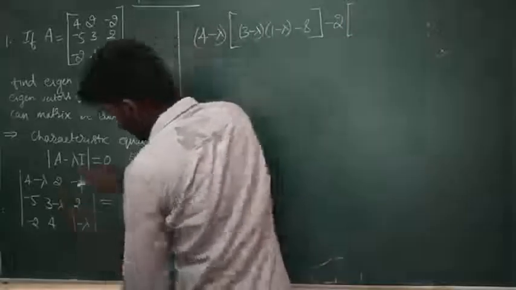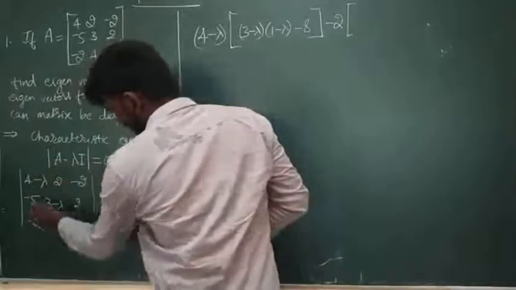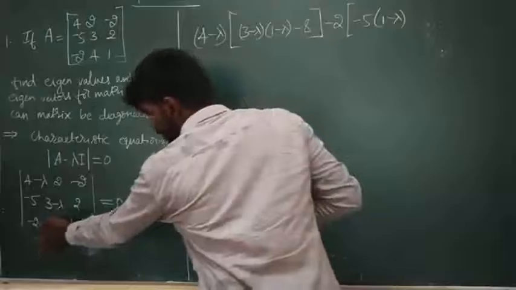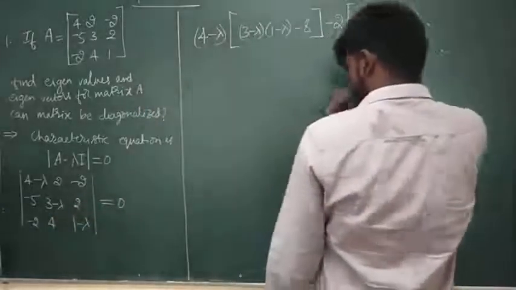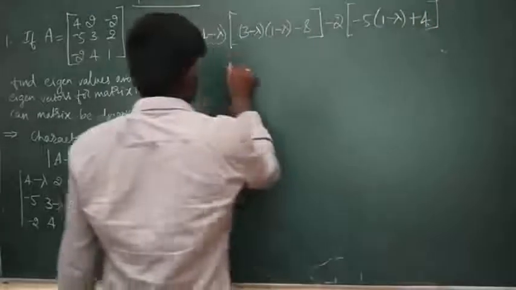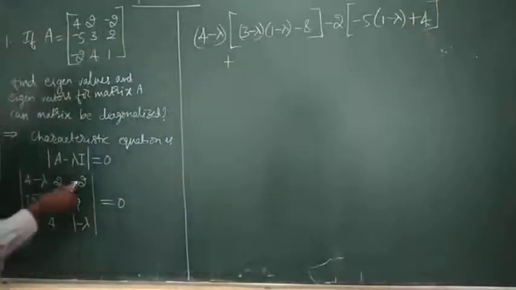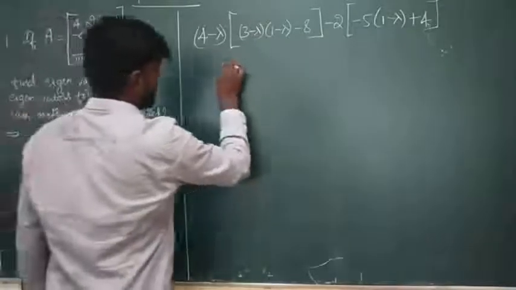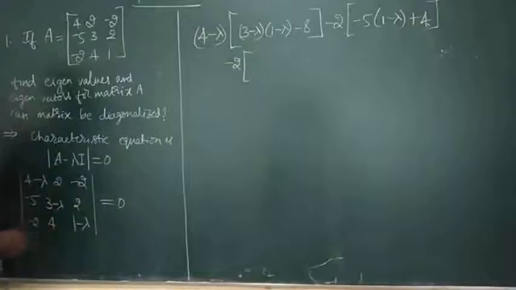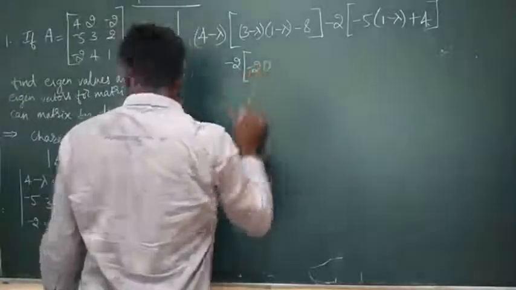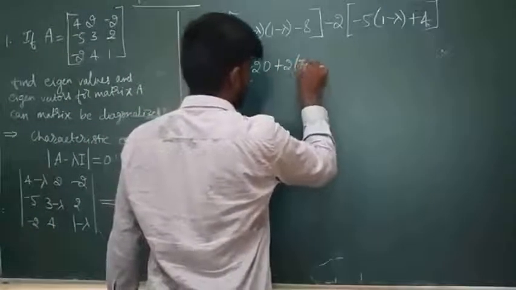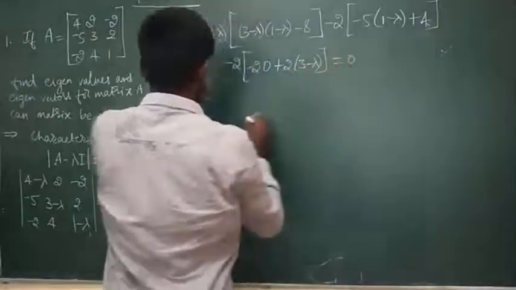Then, leaving this column and this row, minus 5 into (1 minus lambda) minus 2 into 2, which is 4, then plus minus 2 into (minus 5 into 4, minus 20, and minus 2 into (3 minus lambda)), which is equal to 0.